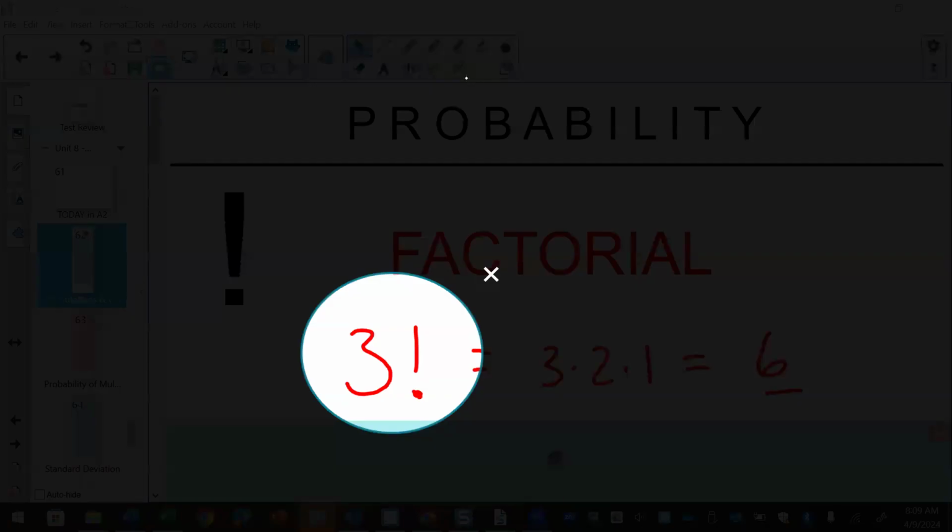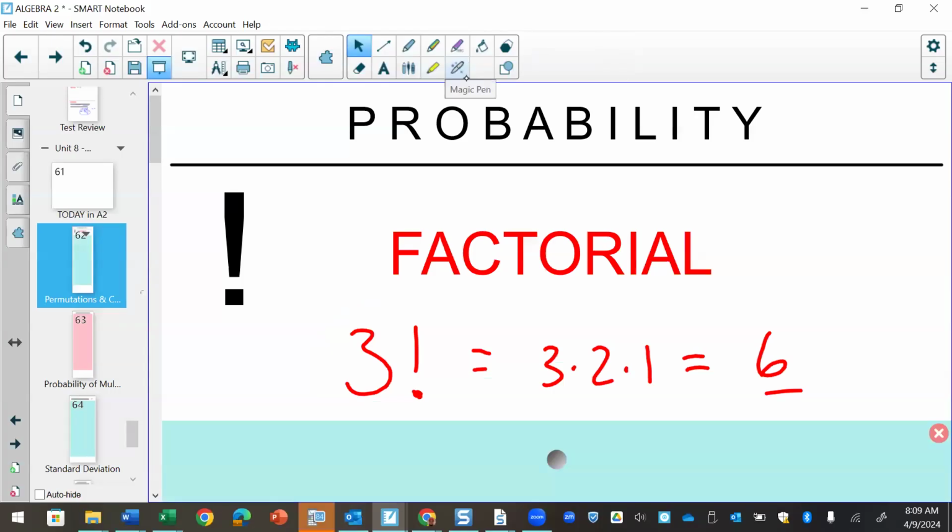What is that? A big loud three? Oh no, it means 3 times 2 times 1, which is 6. So from here forward, if you see the exclamation point, that's what it means.